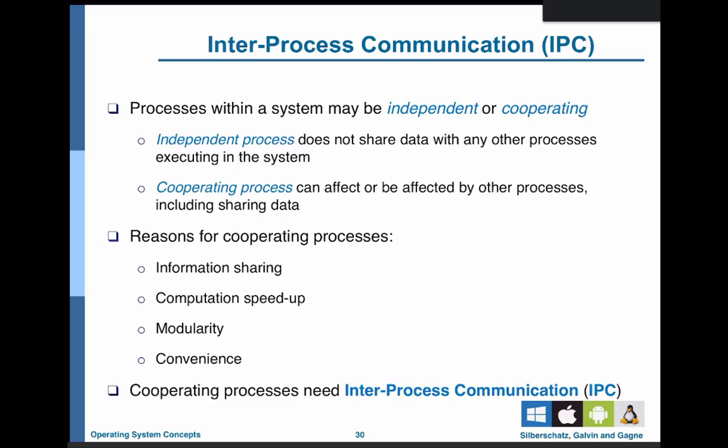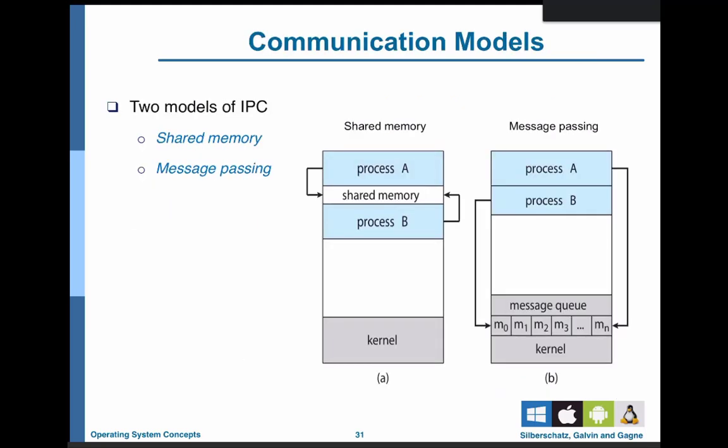Processes cooperate by inter-process communication using two models: shared memory and message passing. Two processes may share the same region of memory, or two processes may communicate by exchanging messages with one another using message passing.